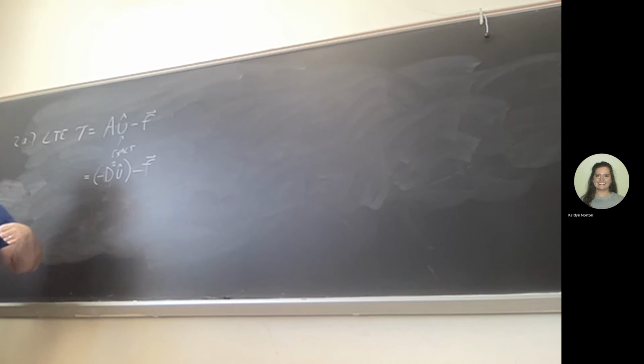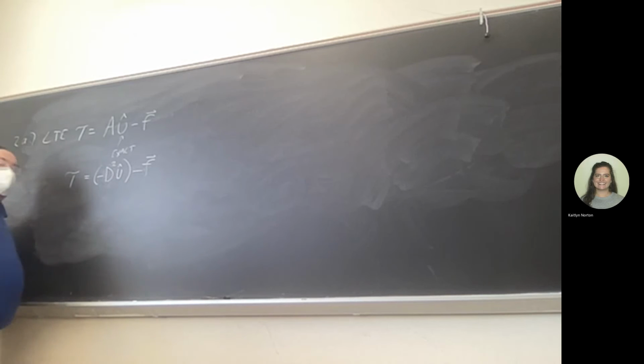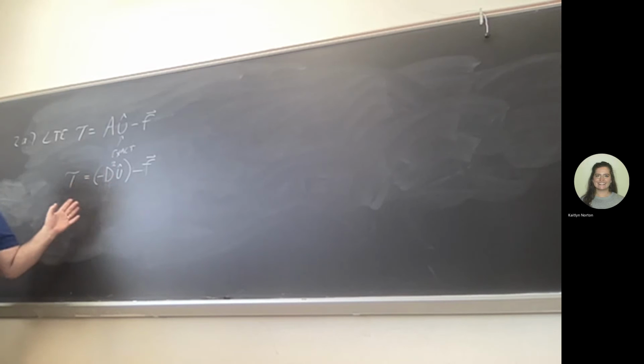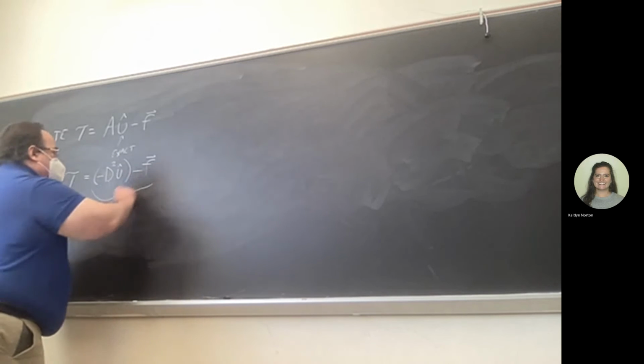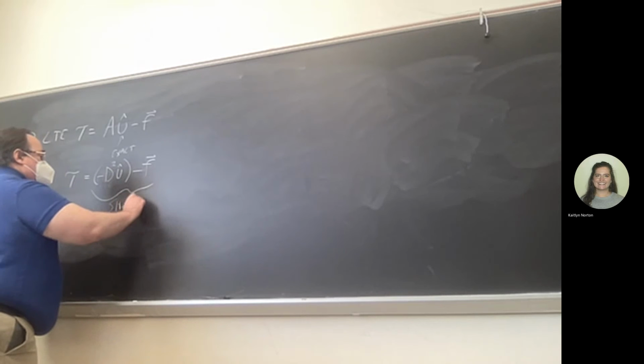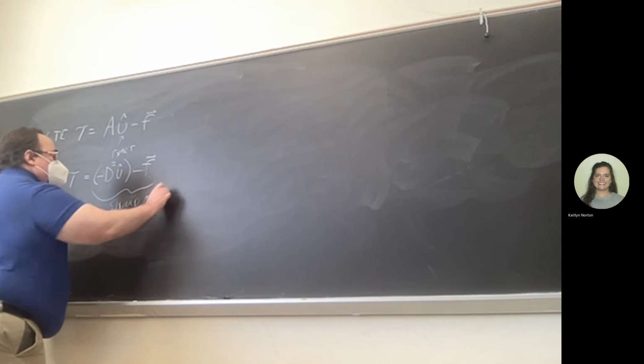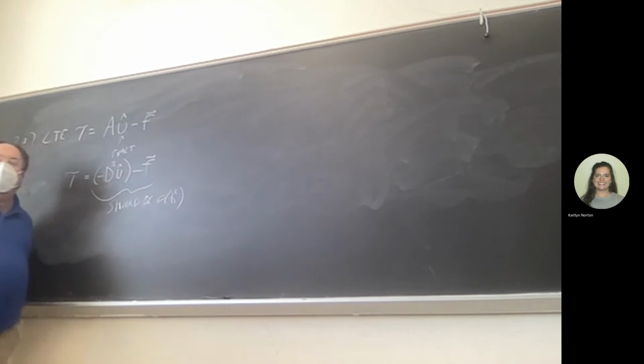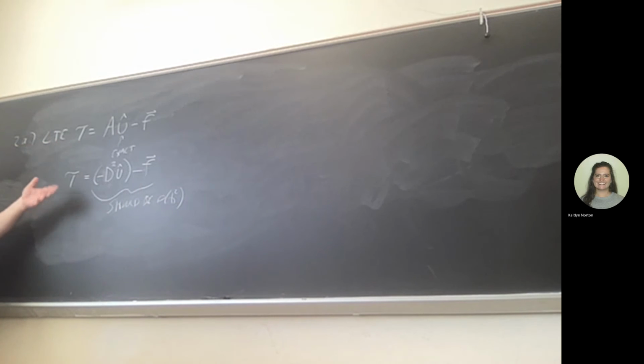The exact solution does not, because this is not the PDE, this is the spatially discretized PDE. So the exact solution satisfies this equation with not 0 on the left-hand side, but the local truncation error. So you do Taylor expansion, you simplify this as much as you can, and what you get is your error term, which ought to be O(h squared). Then you can say the local truncation error is O(h squared).